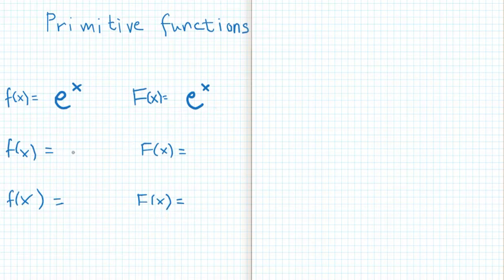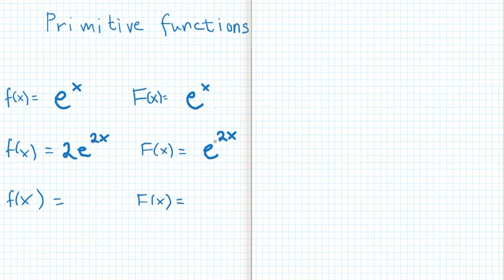Let's have a look at 2e^x. We suspect that it's going to be something with e^x, right? So let's go backwards and see if we can get this.